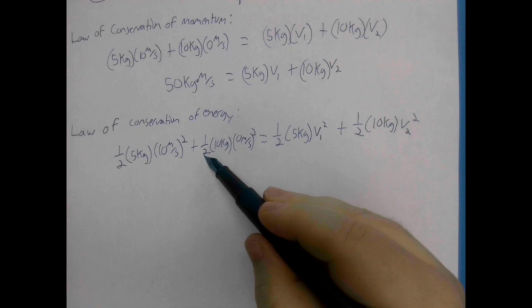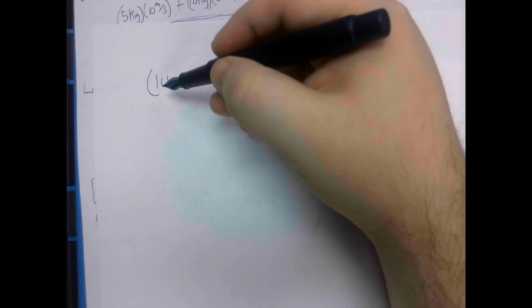So, let me just get a new piece of paper. Alright. So, (10 minus 2v2) squared.